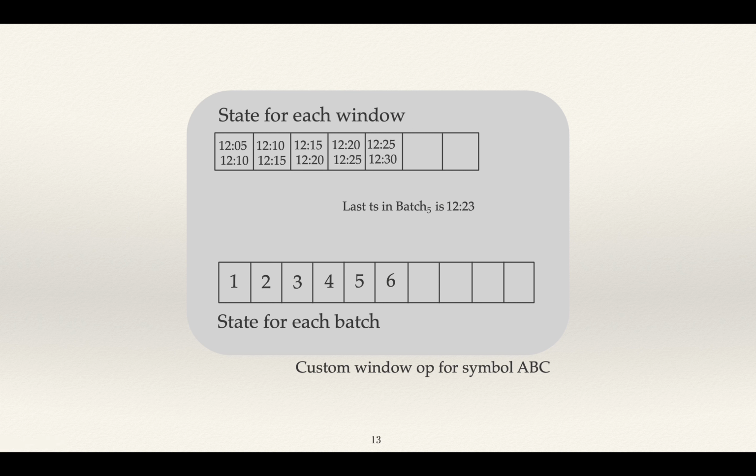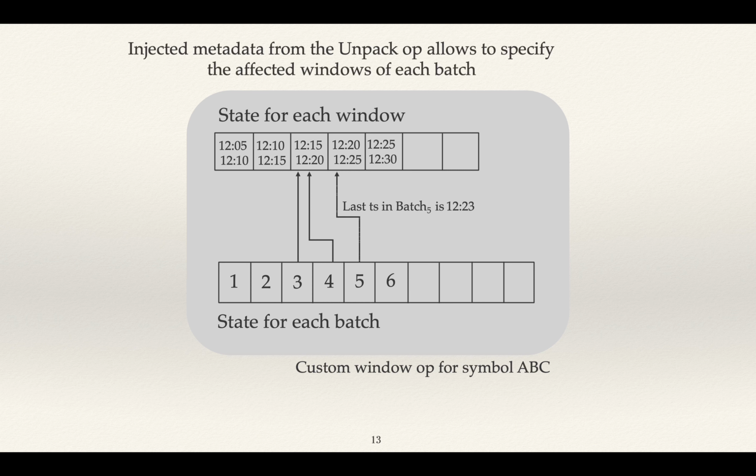So for each symbol, a window instance maintains the status of its 5-minute time bucket. It also holds metadata regarding the progress of event processing per batch. Using the injected metadata from the previous operators, we can specify which time buckets are affected by the batches.